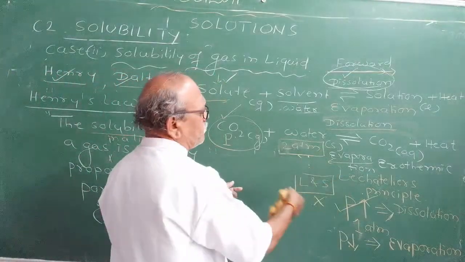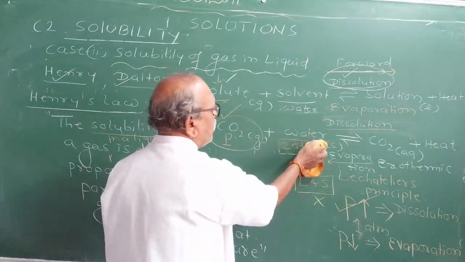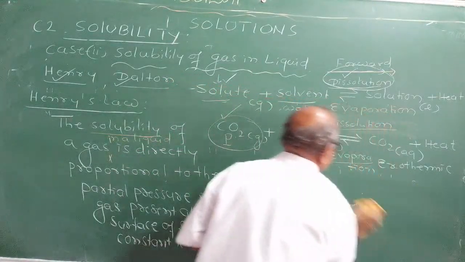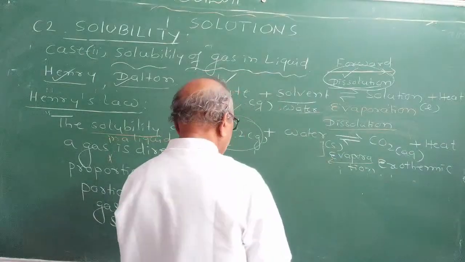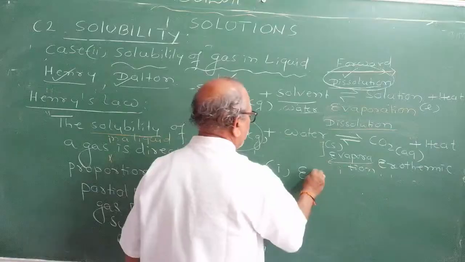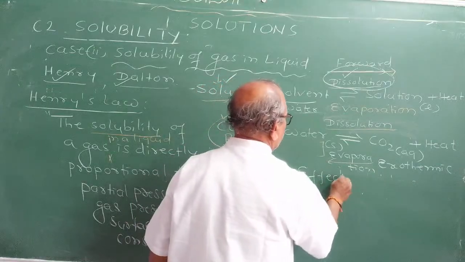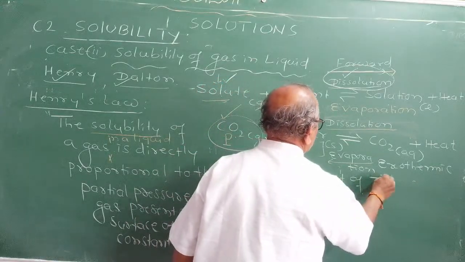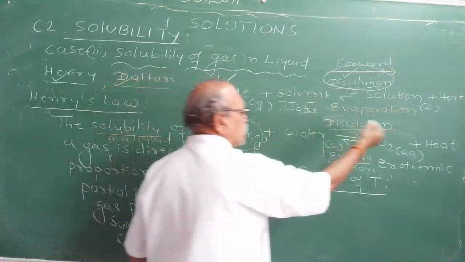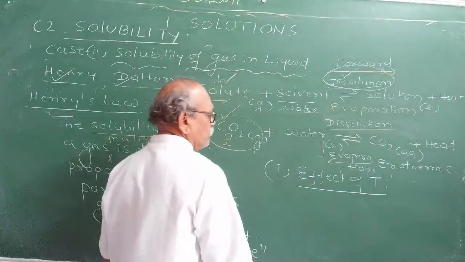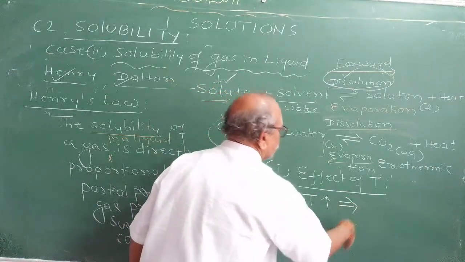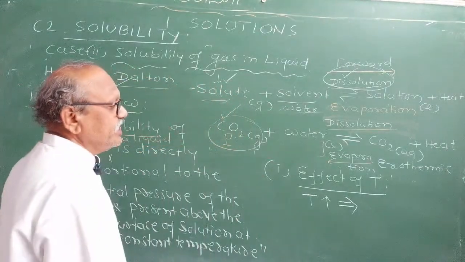You studied just now, I explained the effect of pressure. What is the effect of temperature on it? Dissolution of any gas in water, as we just discussed, is exothermic. If the temperature is increased, what happens?